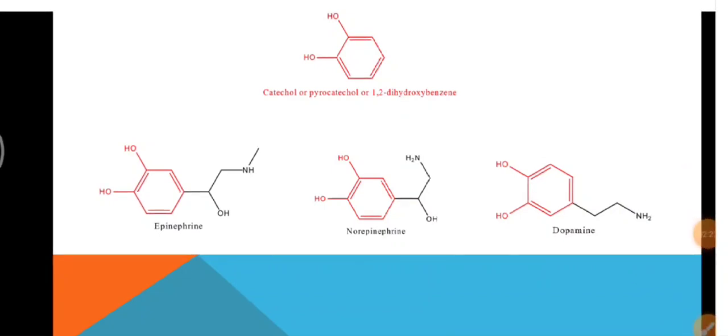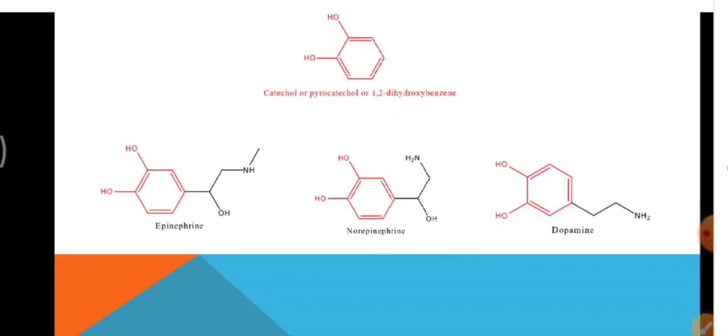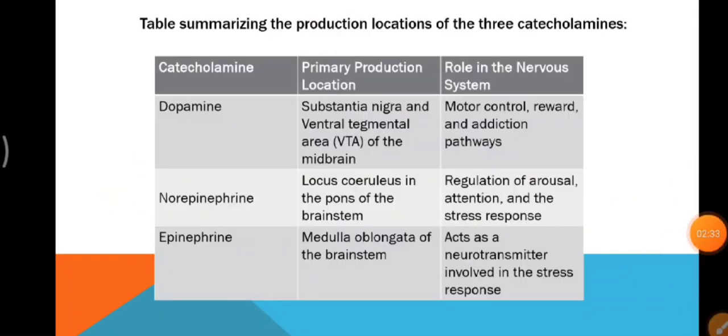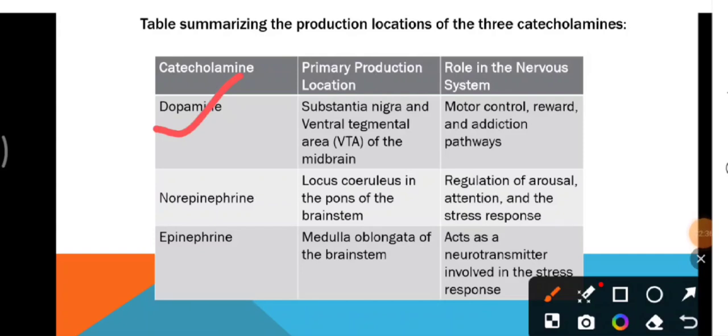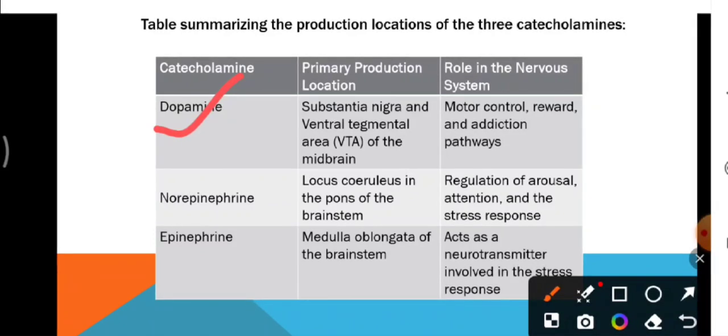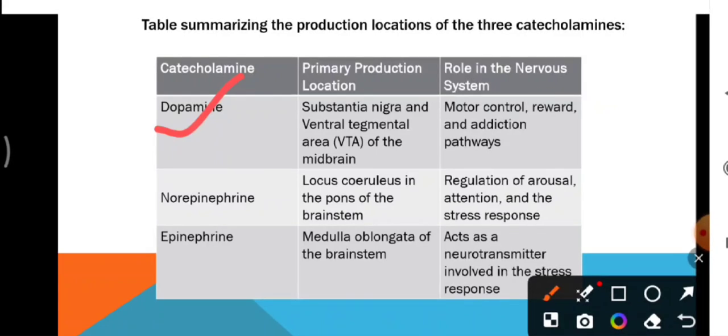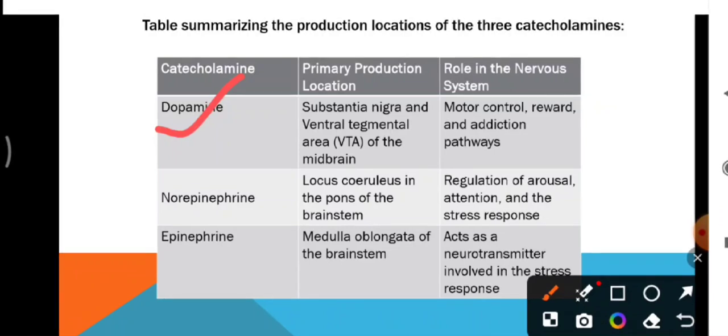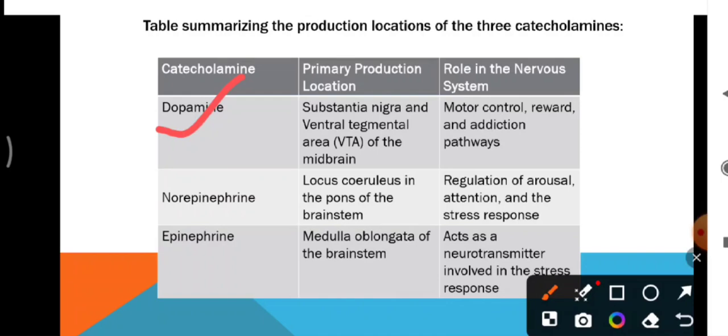Catecholamines are produced mainly by the chromaffin cells of the adrenal medulla and the postganglionic fibers of the sympathetic nervous system. Dopamine, which acts as a neurotransmitter in the CNS, is largely produced in neuronal cell bodies in two areas of the brainstem, that is the ventral tegmental area, that is VTA, and the substantia nigra.